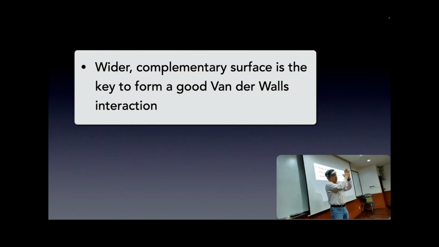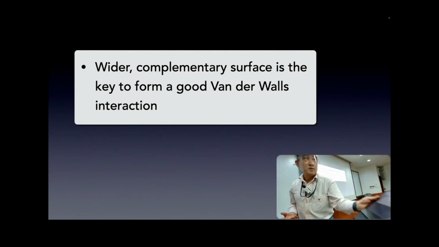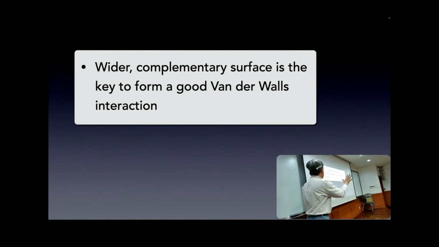But if these two pointed molecules try to approach together, because the contact area is much less, the strength of the van der Waals force is much weaker. So in the case of a van der Waals force, the surface area is important, the wider the better.